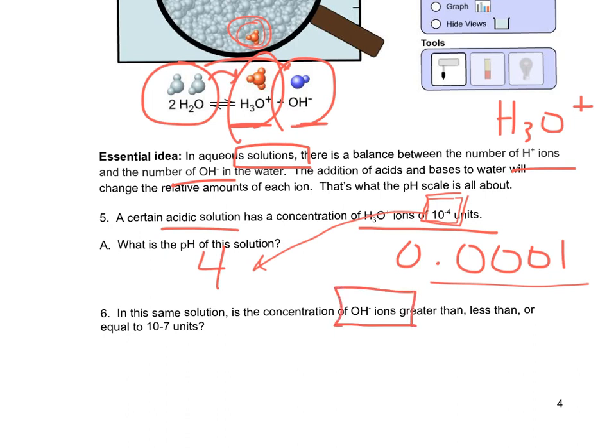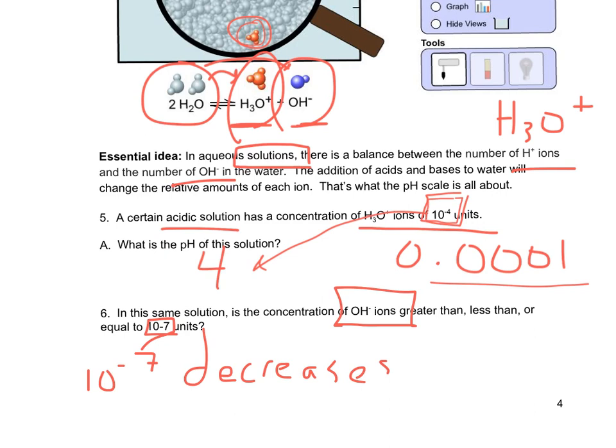Well, if the hydronium ion concentration increases, that means the hydroxide ion concentration decreases. It looks like this. I forgot to do the superscript, so that's supposed to be 10 to the -7.